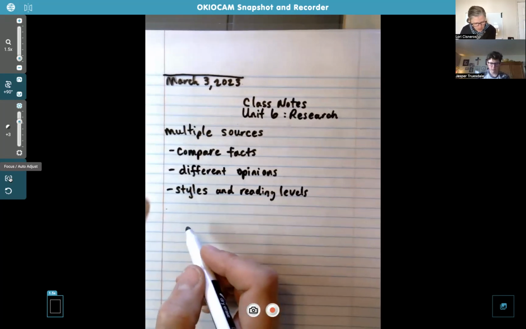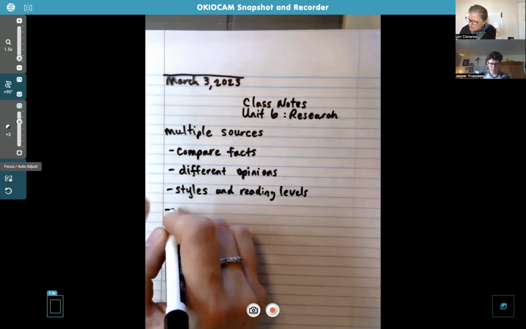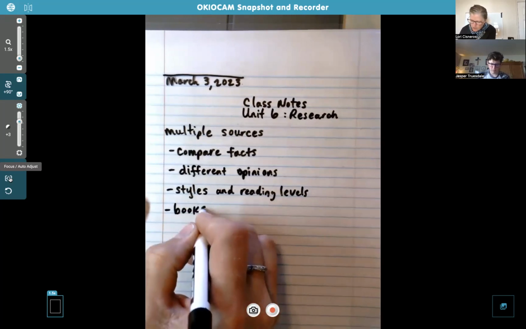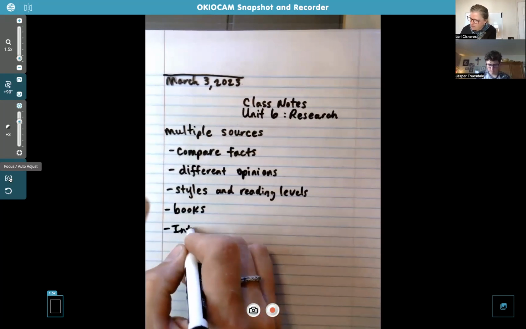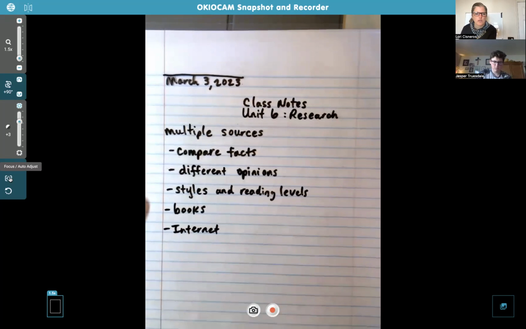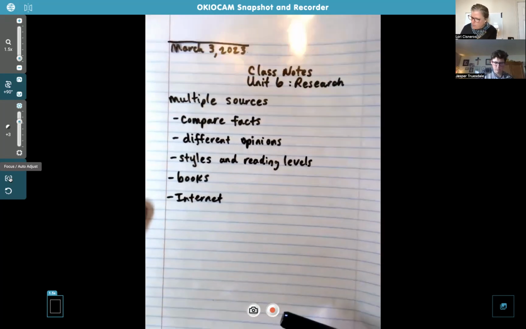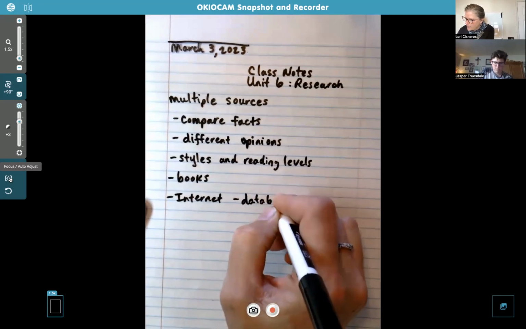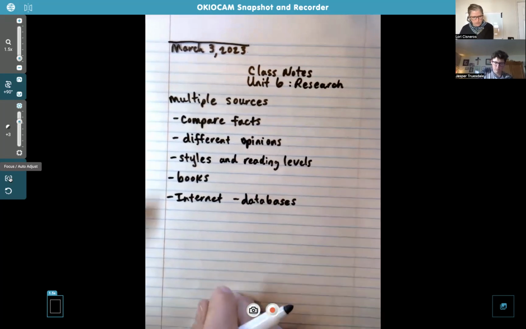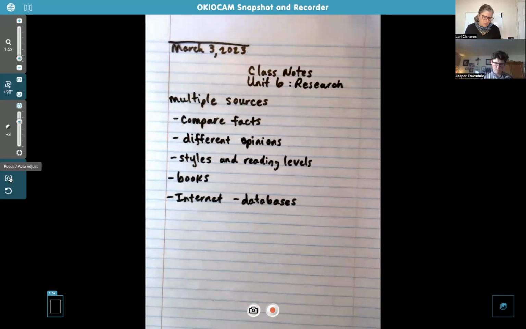So we have, obviously, books, which you probably won't be using much of. Internet is the big one. But within internet, there's databases. And a lot of times those databases are academic periodicals. Periodicals is another word for magazines or articles. Have you ever heard of LexisNexis before?